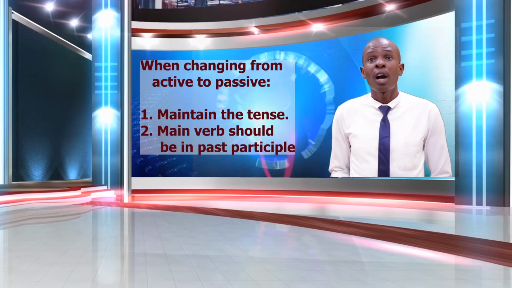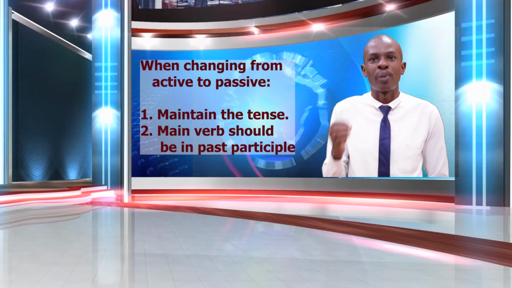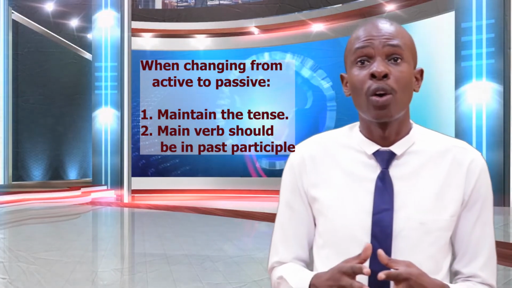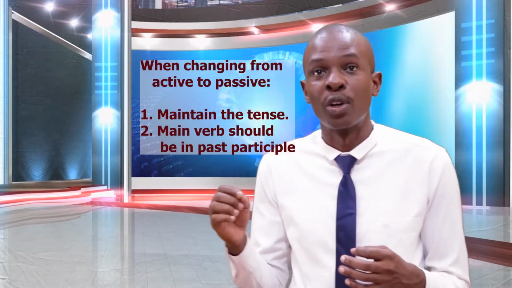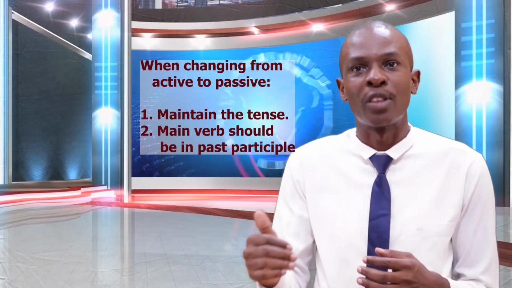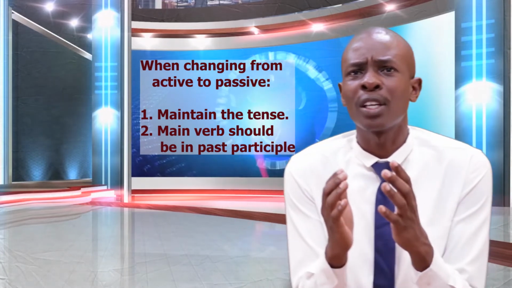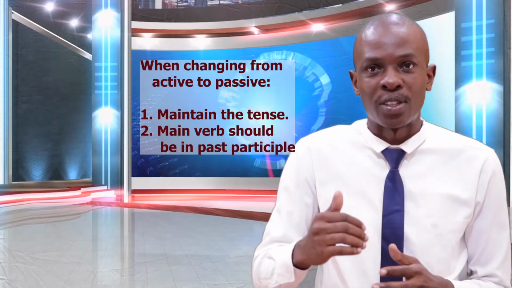Number two, our main verb, we need to change into past participle. This is how we are going to change sentences from active voice to passive voice. So we are going to see active and passive voice in different tenses, and in our lesson today, we are going to see 8 tenses.